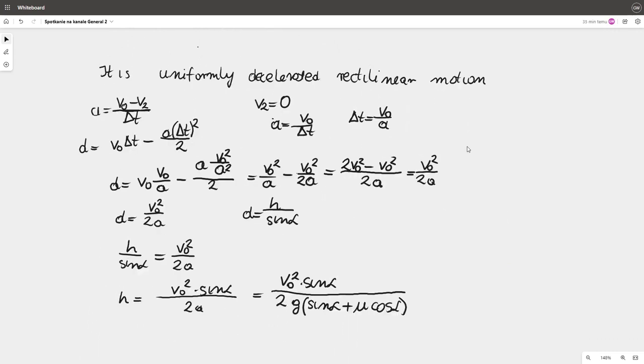In this task, we want to calculate height at which block stops, so we write equations for magnitude of acceleration and for distance in uniformly decelerated linear motion.